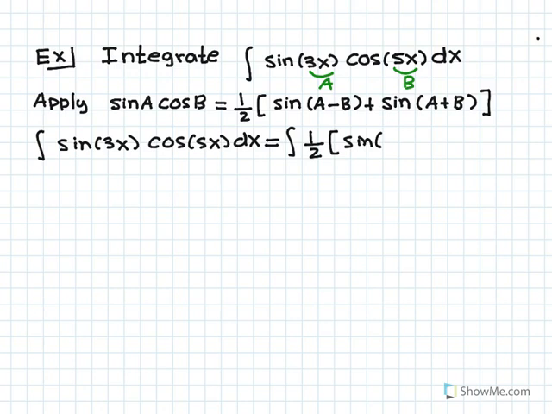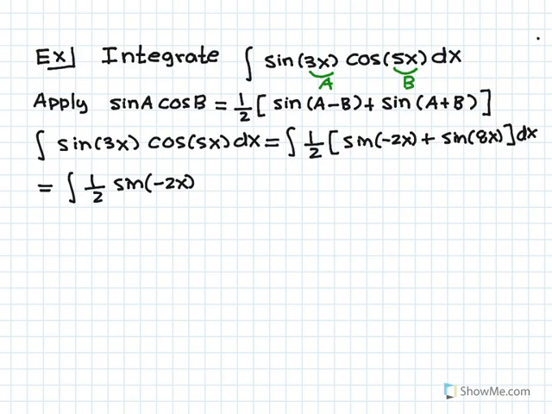So sine of a minus b will be 3x minus 5x, that's negative 2x, plus sine of a plus b, that's 3x plus 5x, that makes 8x, all integrated with respect to x.